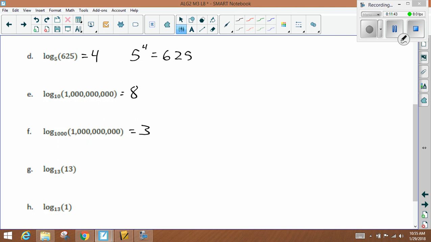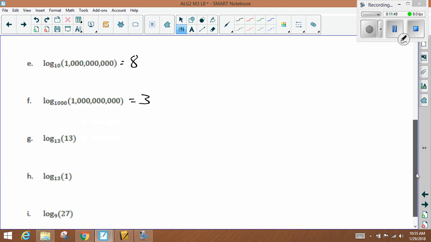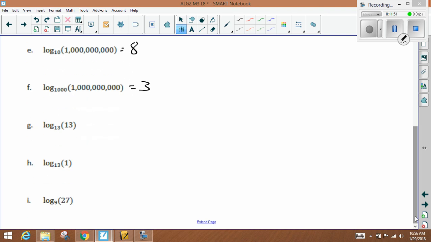You can also count zeros for that to figure it out. All right, hey, 13 to what power is 13? 1. 13 to what power is 1? 0.